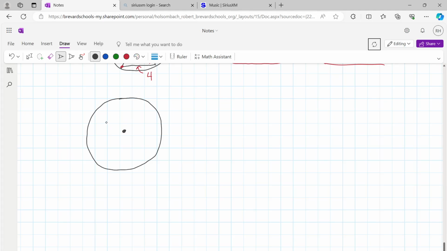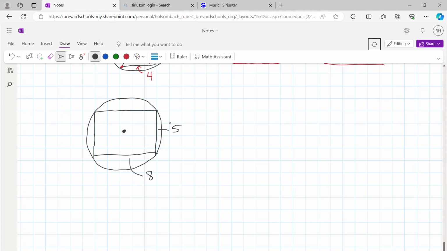And now let's put a rectangle inside the circle. And let's say that one of these sides is 5 and this side over here is 8. And we need to find the circumference of this circle.